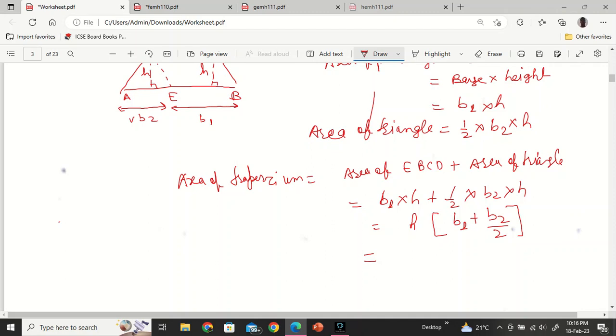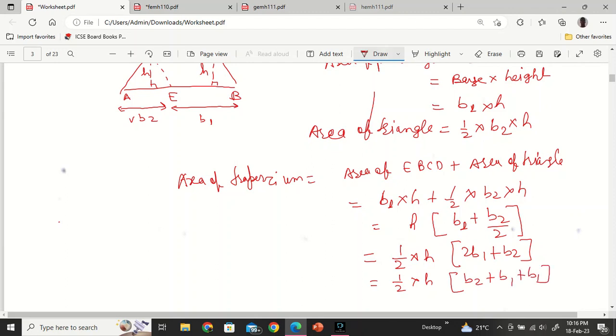So we can take 1 by 2 as common again, so it will be 1 by 2 into H into 2B1 plus B2.